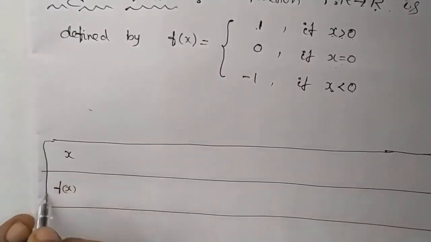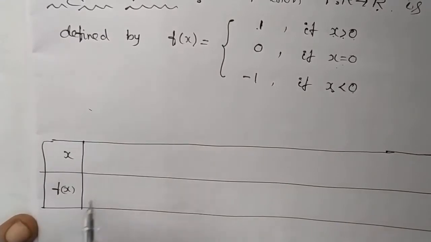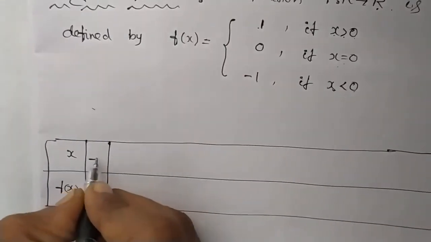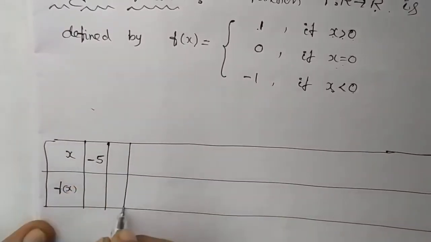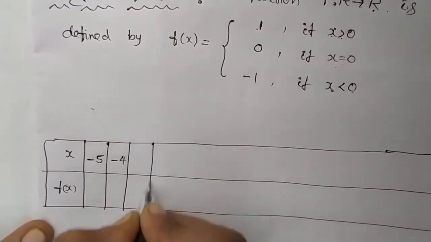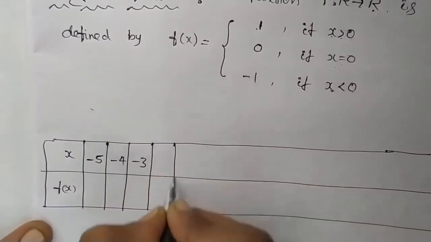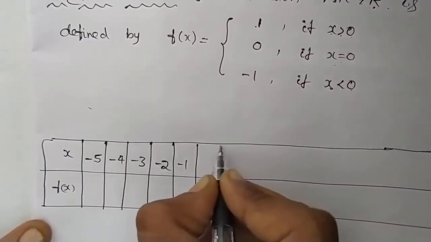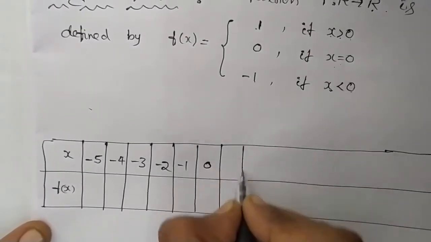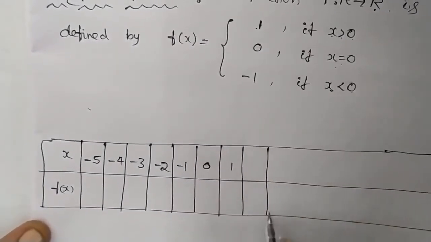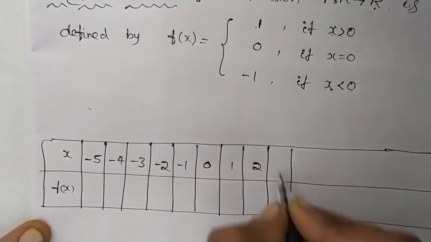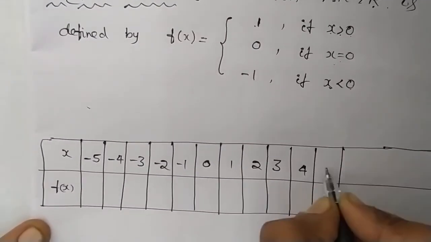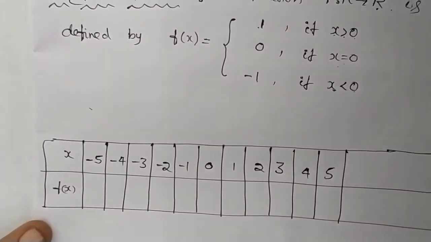In place of f of x, you can write y. Let us take the values on the x-axis as minus 5, minus 4, minus 3, minus 2, minus 1, 0, plus 1, plus 2, plus 3, plus 4, plus 5, plus 6, plus 7, and so on.